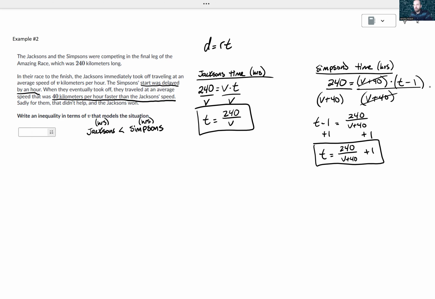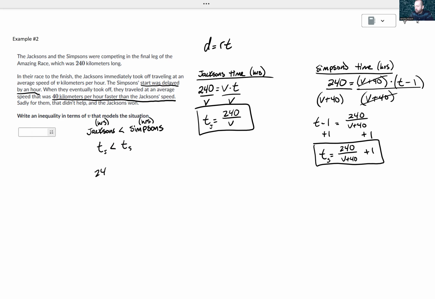And now it just wants us to write the inequality. We have that the Jacksons' time was less than the Simpsons'. So we'll say t sub j for Jacksons and t sub s for Simpsons. So we would just write t sub j is less than t sub s. And we're just going to plug in those values.